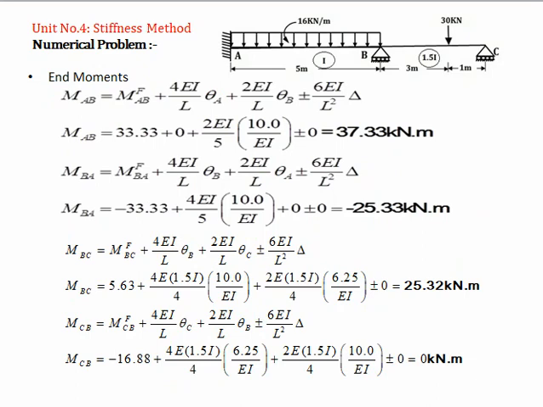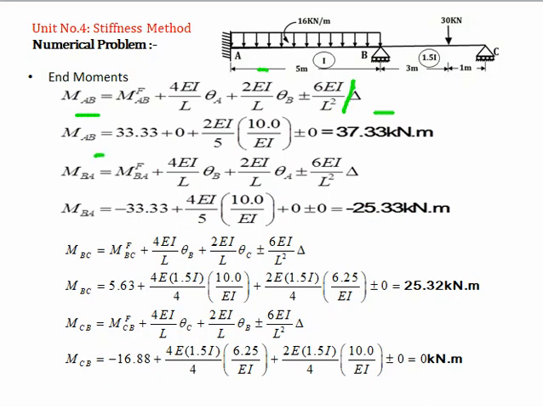So the first equation is for span AB. So end moment MAB is equal to MFAB plus 4 EI by L into theta A plus 2 EI by L into theta B plus minus 6 EI by L square into delta. There is no sinking or settlement at B or A, so delta will be 0.